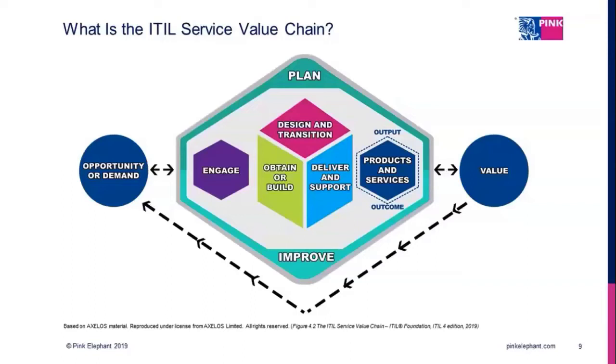So plan does play a part, because they're going to get their input from governance primarily, which is a part of the bigger perspective called the service value system, which the service value chain is a part of.